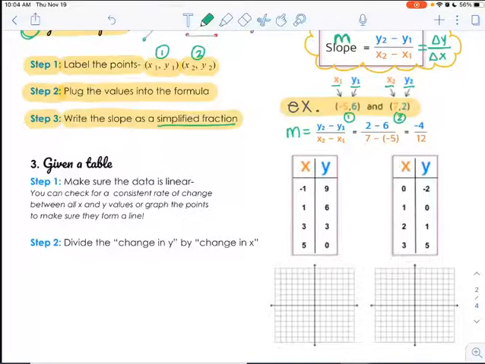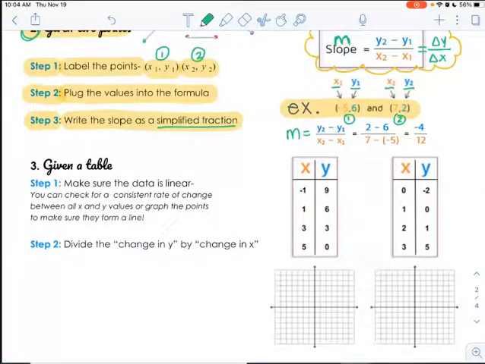I will kind of leave it up to you, but on the front end, a lot of people make mistakes with the order of plugging these in. So what we're going to do is we're going to draw arrows to help us. So I'm going to draw an arrow from y2 over to y1, showing that this is the direction I'm subtracting. So I'm subtracting 2 minus 6, and that's how I get these values right here. 2 minus 6 goes in the numerator.